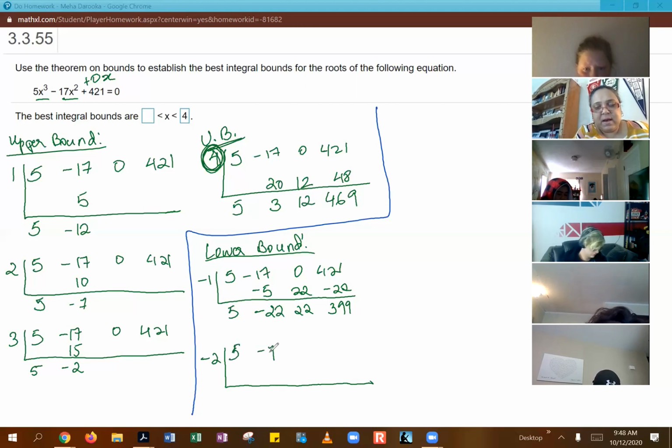It's the same thing. Look for alternating signs. And do you think this guy will work? Because what's going to happen for that last number to give you a negative sign if we want alternating signs?